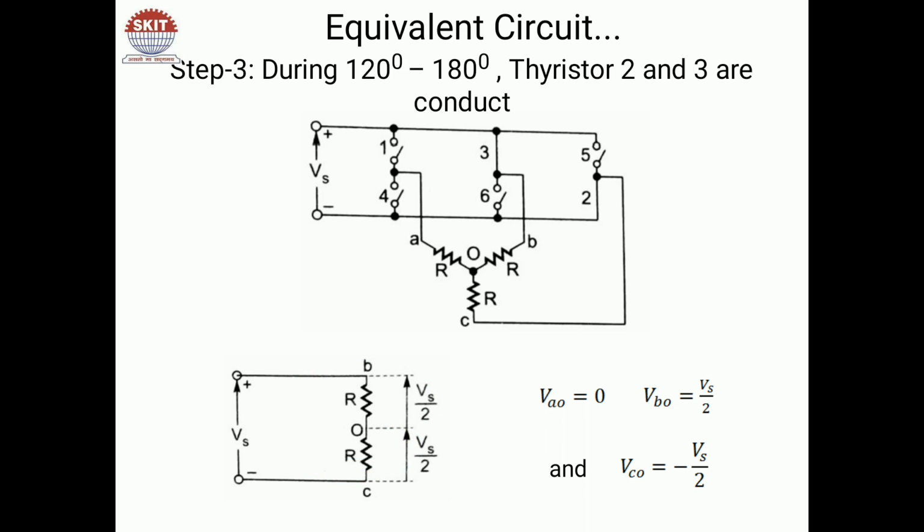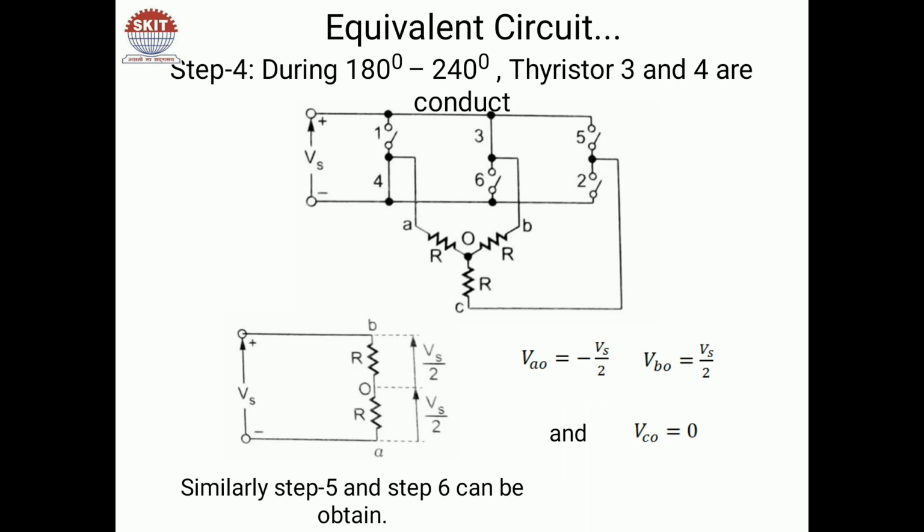Now apply the voltage divider rule for calculation of the phase voltages, and we get the phase voltage VA0 is 0, VB0 is Vs by 2, and VC0 is minus Vs by 2. So this is step 3.